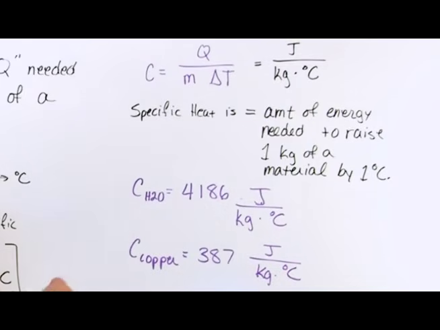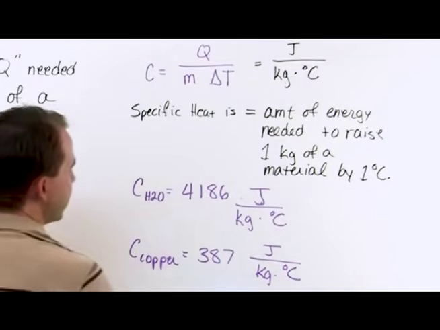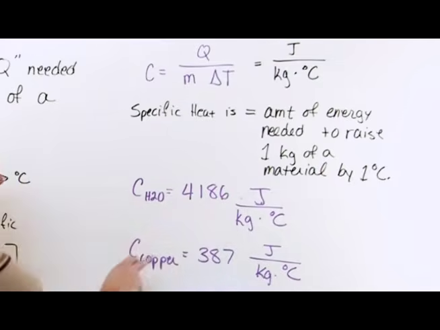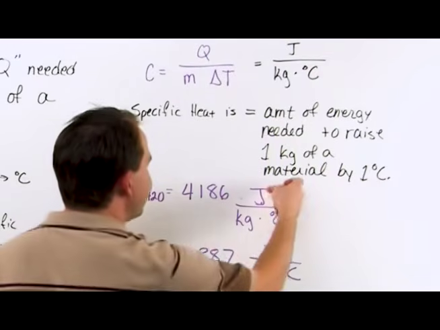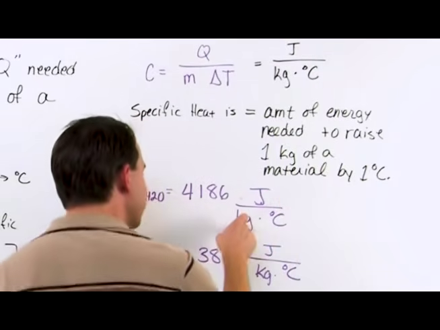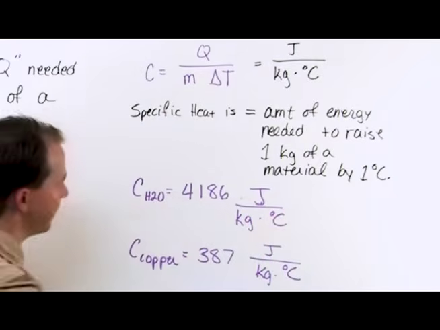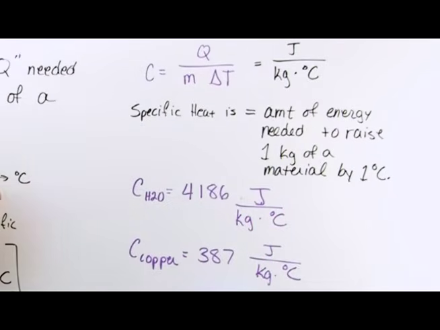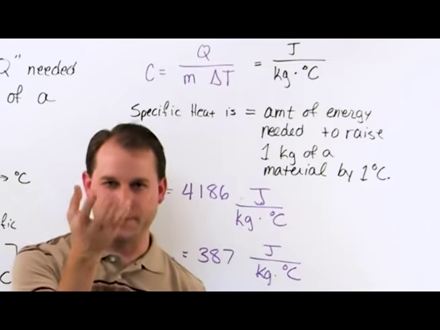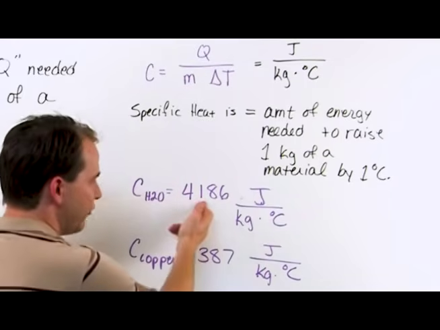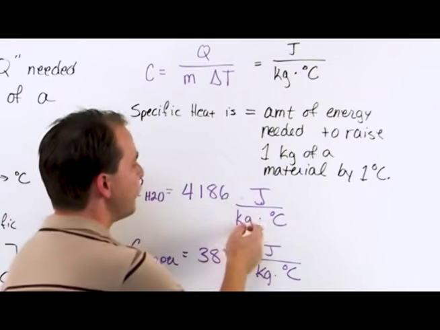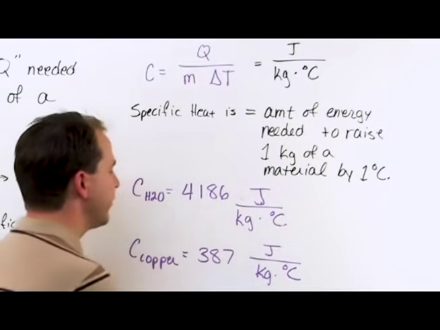Now, what does this tell you physically? For water, it takes 4,186 joules to raise 1 kilogram of water by 1 degree Celsius. 1 kilogram of water is not that much water. It probably could fit in your hand, but it takes 4,186 joules to raise that much water by 1 degree Celsius.